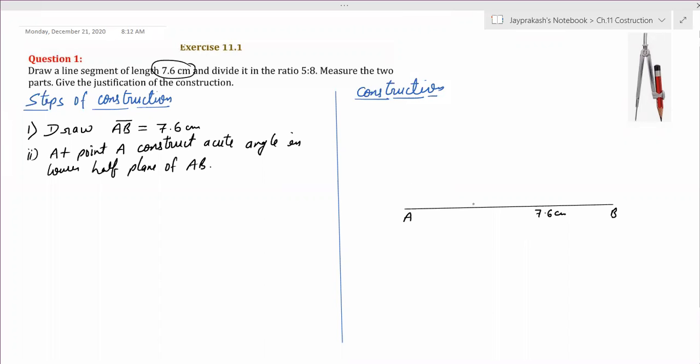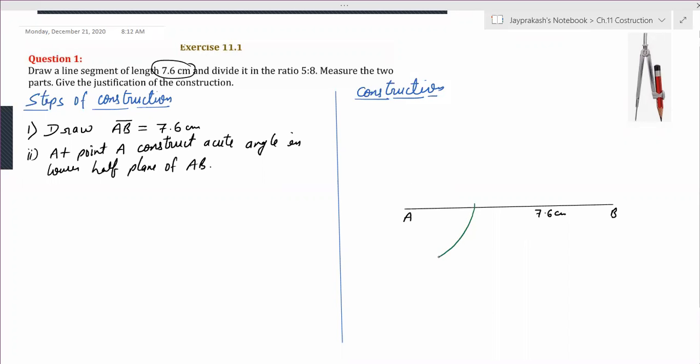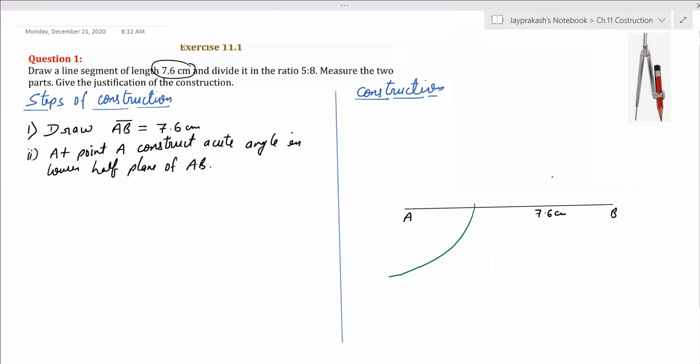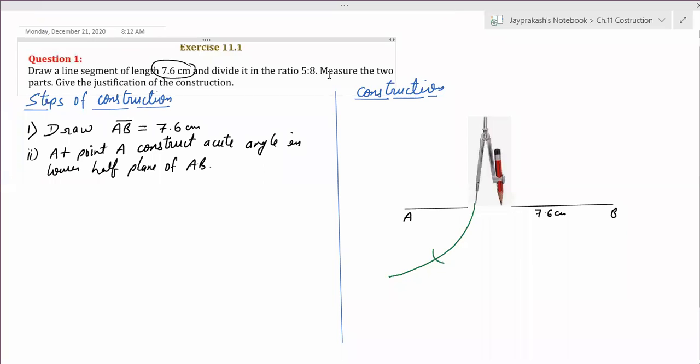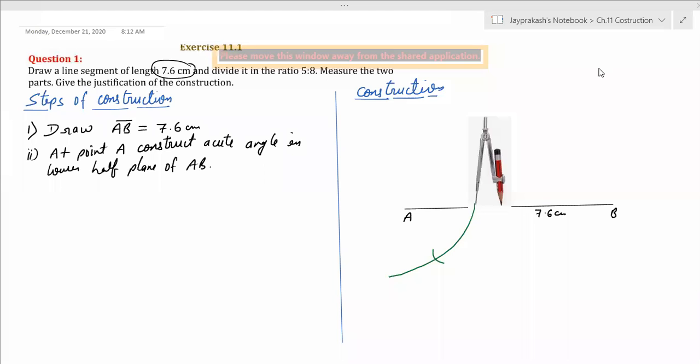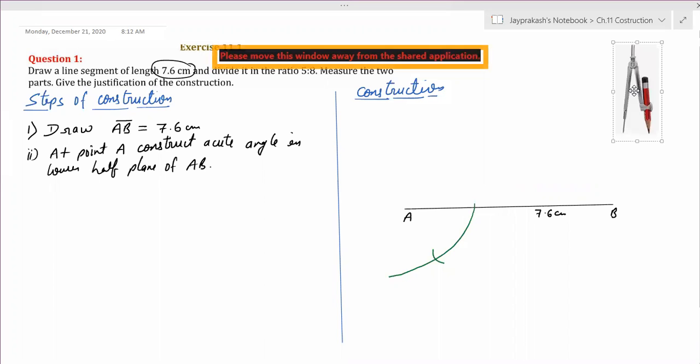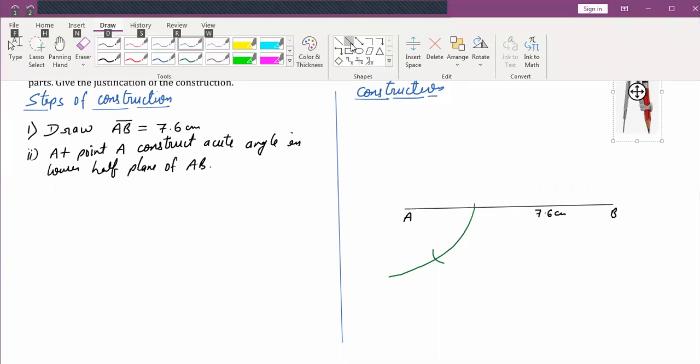Now draw an arc from A. Then next time you have to take this point as a center, and then you have to cut the same arc. Now remove your compass. Now we will construct a line to make this angle.